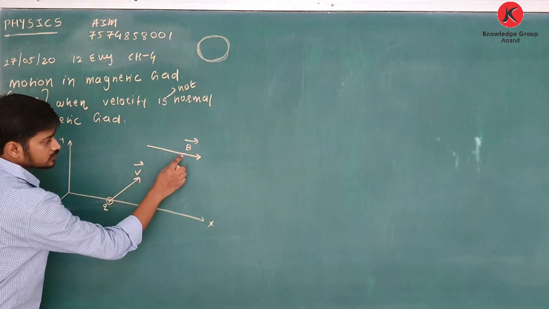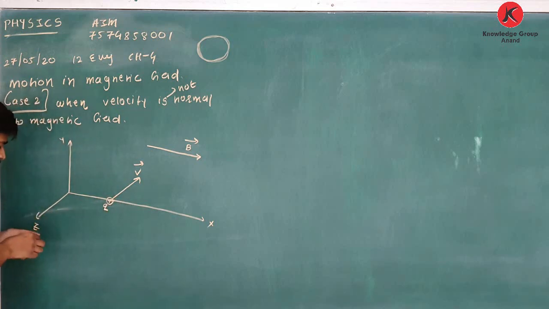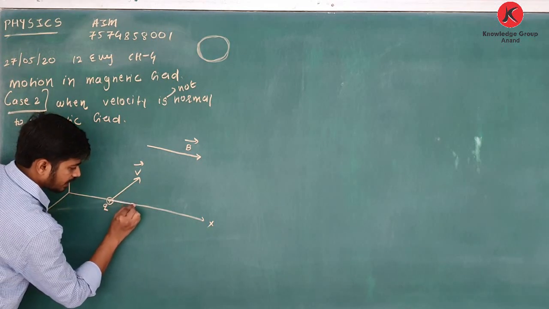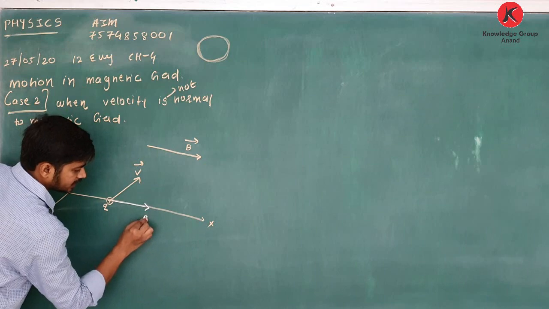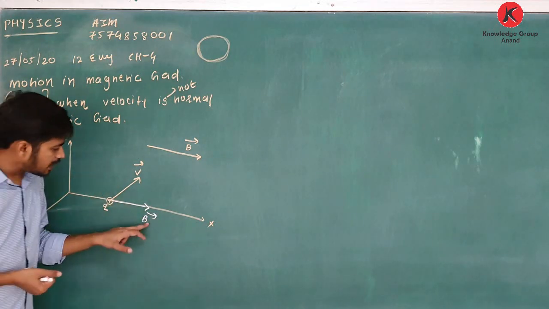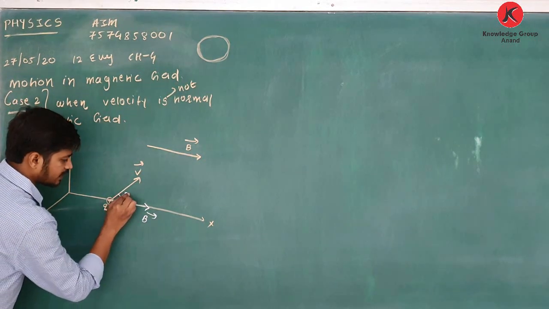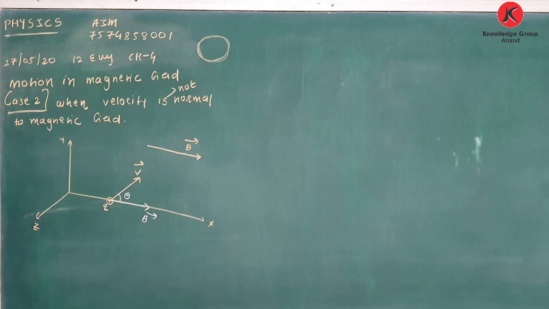This magnetic field is parallel to the x-axis, so I can say the magnetic field is in the x direction. From this figure it is clear that velocity and magnetic field are not perpendicular. There is an angle between them, that is theta.